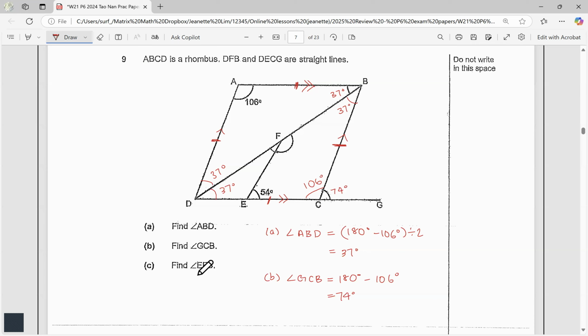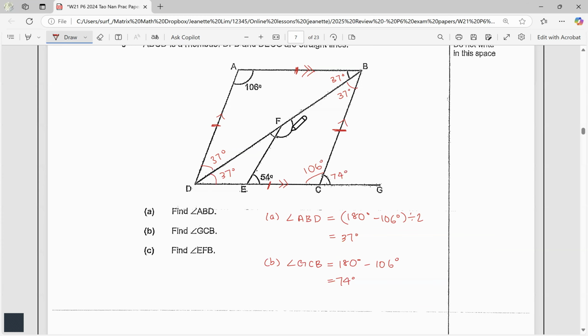Now lastly, for part C, EFB, which is this angle marked out. You see that this is actually a four-sided figure, a quadrilateral. Then all angles in a quadrilateral add up to 360 degrees. So you can just take 360 minus 54, 106, and 37 to get angle EFB.